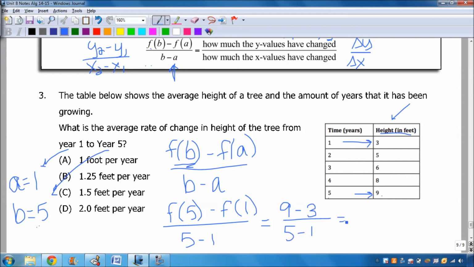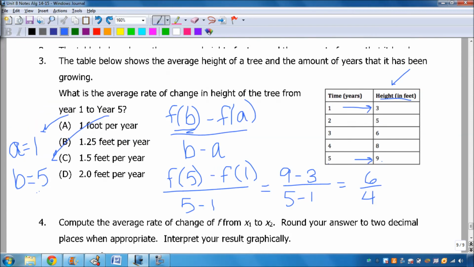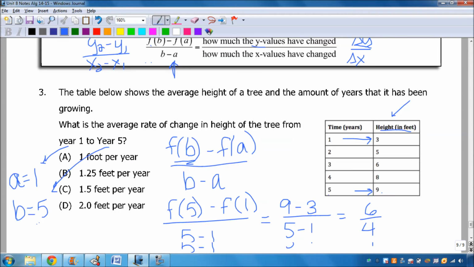So then you end up getting 6 over 4, but you have to understand what these numbers mean. This 6 came from subtracting the output values. See right here how it says how much the y values changed? So it's your delta y. Well, y tells you your height in feet, so our difference in feet is 6 feet. And then the denominator tells us our delta x, or how much the x values have changed by.